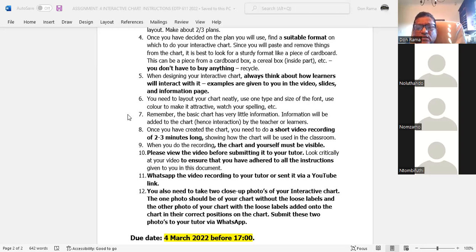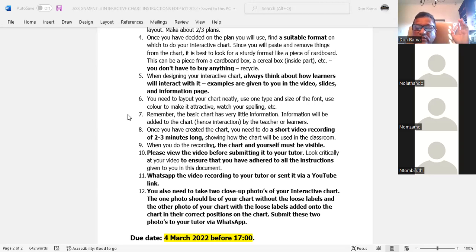You also need to take 2 close-up photos of your interactive chart. So you will take 2 photographs of your interactive chart, and you will also attach them to the presentation, right? The one photo should be of your chart without the loose labels, and the other photo your chart with the loose labels.